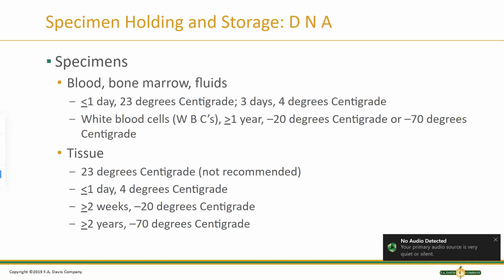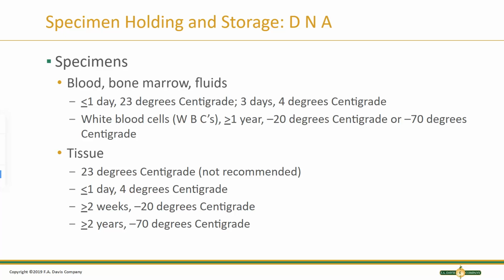Specimen holding and storage. For DNA, blood and bone marrow fluids, less than 1 day, you would put at 23 degrees Celsius. 3 days, 4 degrees Celsius. So 23 would be possibly around room temperature or a little bit colder. 4 would be in the refrigerator.